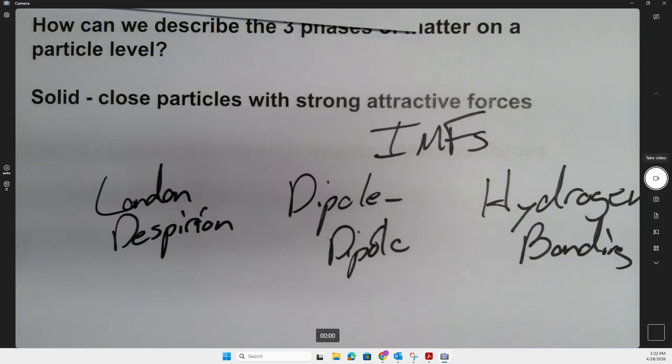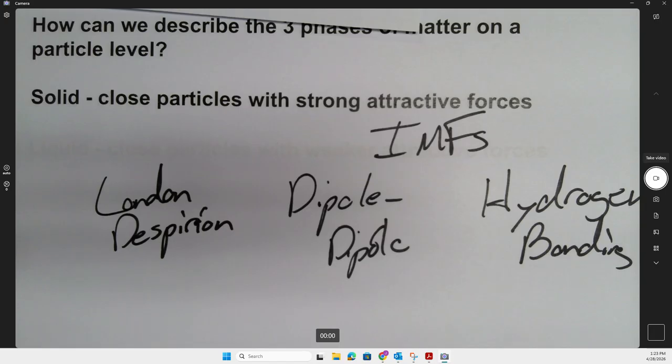Now, if we remember correctly, London dispersion, spontaneous induced dipole, was the weakest of the three that we talked about. All molecules go through London dispersion. Dipole only occurs with polar atoms.